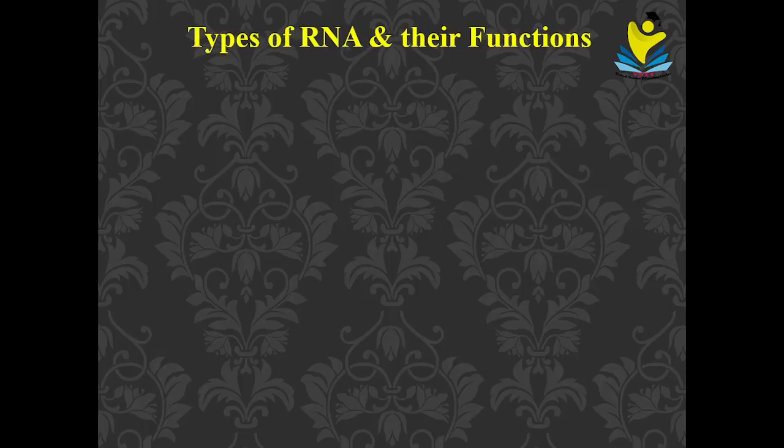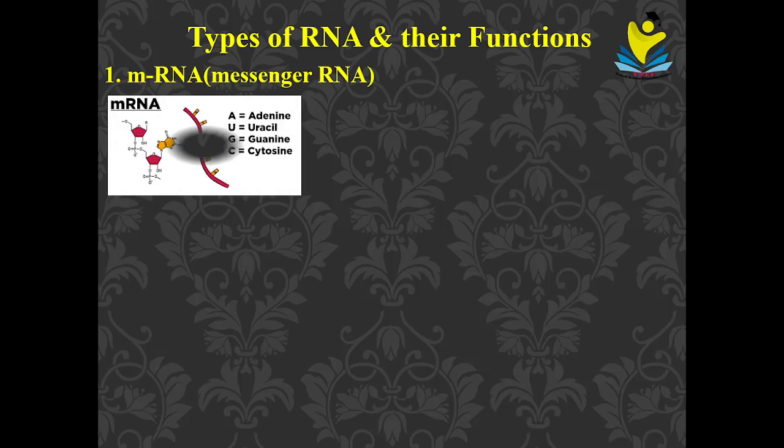Okay, let's see the main types of RNA and their functions. There are several RNA types in our body. First one is mRNA, or messenger RNA. In the first picture you can see the structure of mRNA.